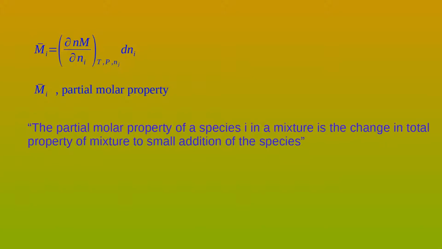Now this differential has a special name. Dou NM by dou Ni at T, P, Nj is represented as Mi bar, the partial molar property. The partial molar property of a species i in a mixture is the change in the total property of the mixture due to a small addition of the species.